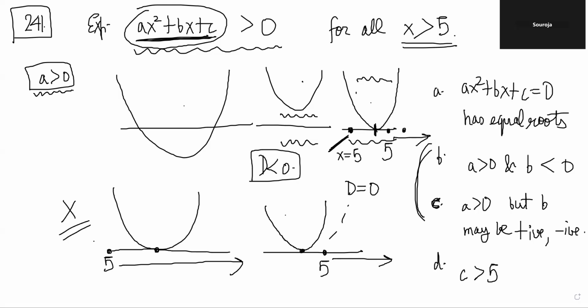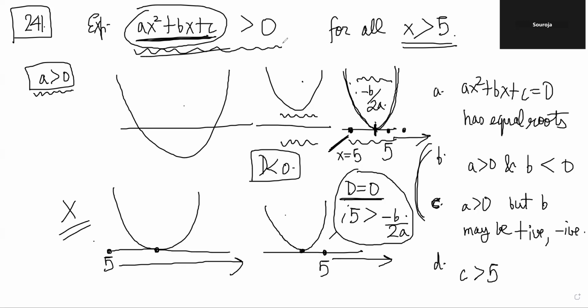So in this case, you should say the discriminant is 0 and 5 is bigger than the vertex of this graph, which will be minus b by 2a. The root of this graph is always at the vertex. So these two conditions will ensure what we want to happen.